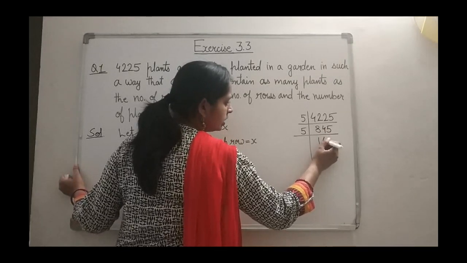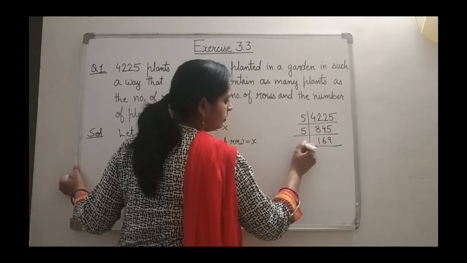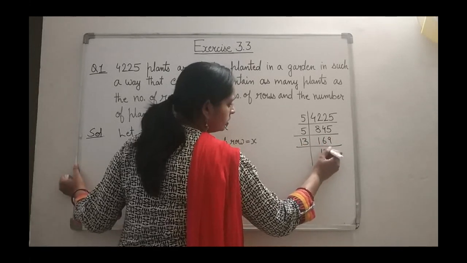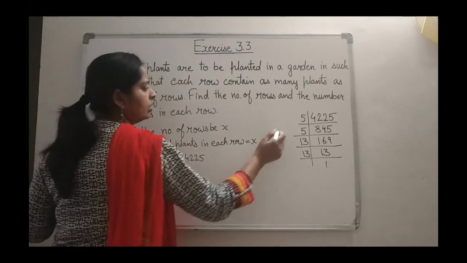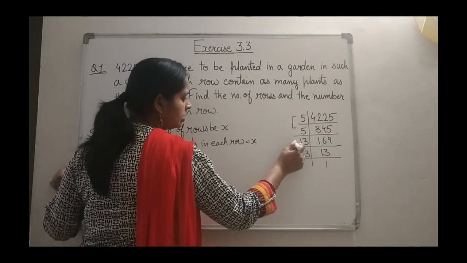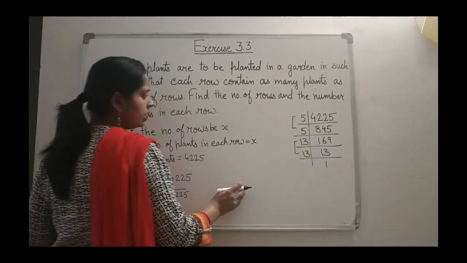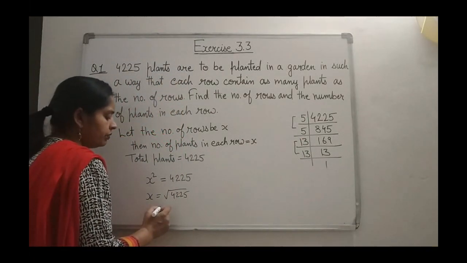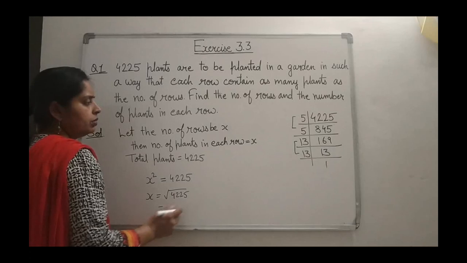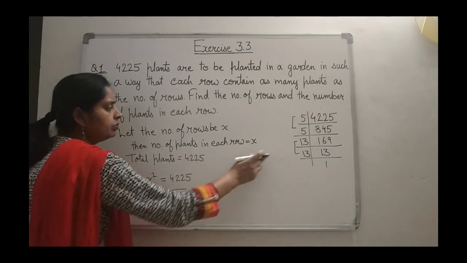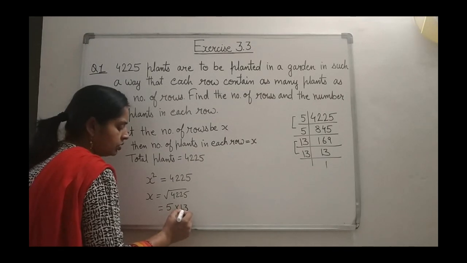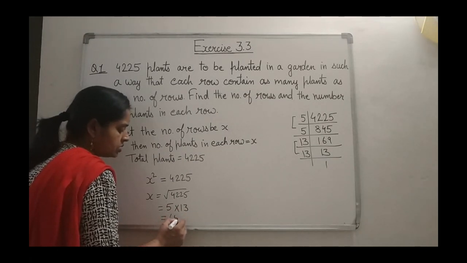So 5 6s are 30, 5 9s are 45. So 13, square of 13. 5 is also paired and 13 is also paired. So this is a perfect square number. So square root of 4,225 will be 1 time 5 and 1 time 13. So we have 65 as the answer.